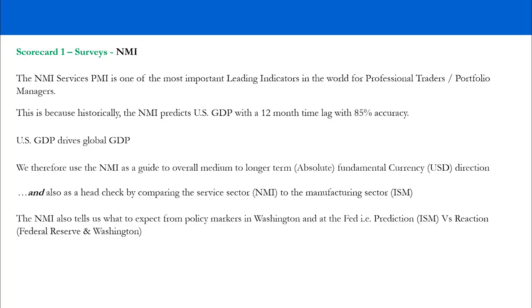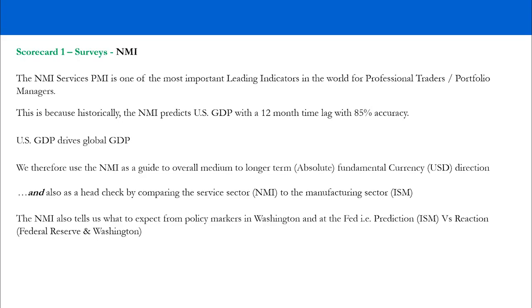And US GDP overall drives global GDP growth. So we're using the NMI as an overall guide to a longer term or absolute fundamental currency direction. But we also use it as a head check by comparing the service sector to the manufacturing sector, so we're looking at both of them in tandem. Again, the NMI also tells us what to expect from policymakers in Washington and at the Fed.